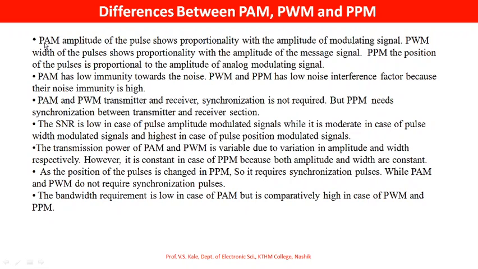So there are some advantages of PAM as well as some disadvantages of PAM, as well as PWM. There are some advantages as well as disadvantages. Similar to that, PPM also has some advantages as well as disadvantages. So these are the differences between PAM, PWM and PPM.